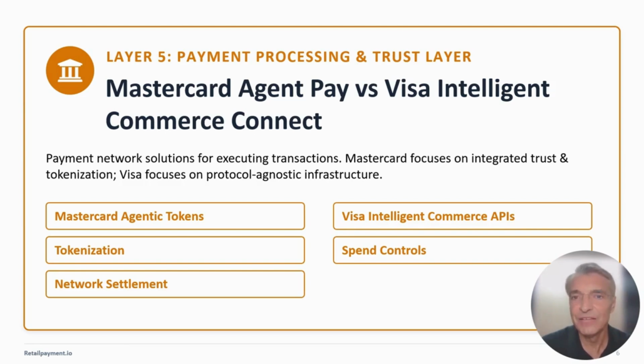For now, the takeaway is simple. This is the layer that turns an authorization intent, which was given in layer 4, into an actual charge, into a payment. And you know this process very well. This is a standard payment process at layer 5.